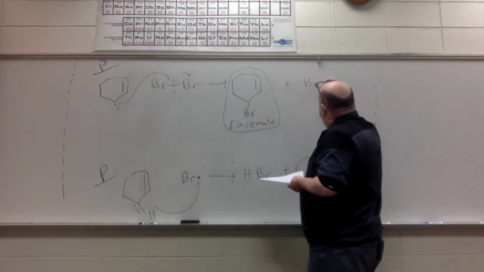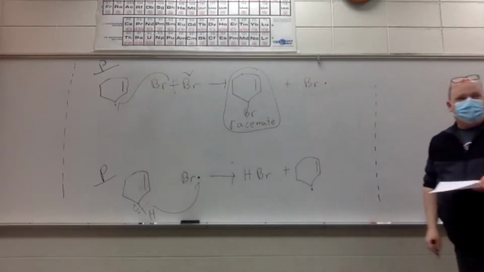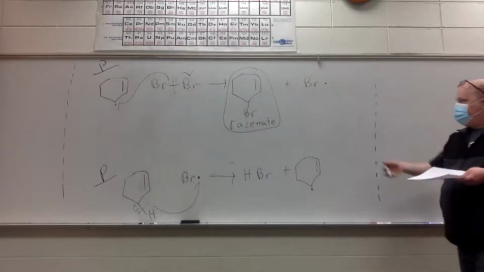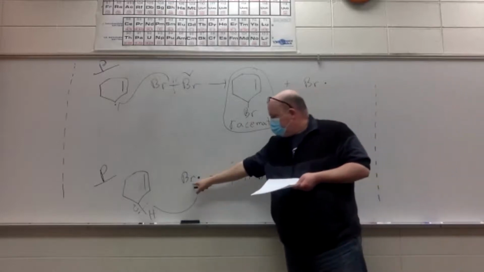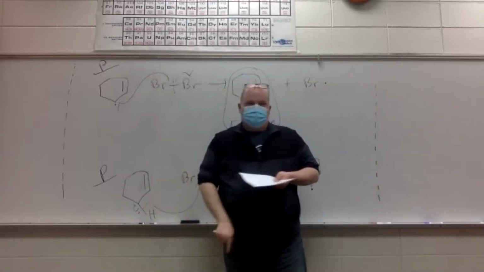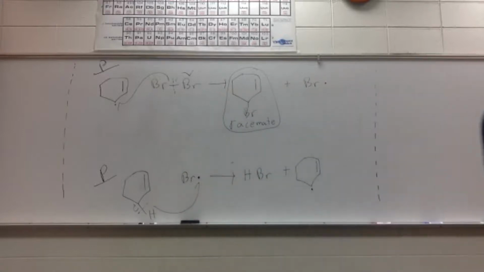And you also get more Br radical. This is a propagation, so that means that Br radical can still be active. You can restart propagation, and it goes onward and onward and onward. Okay? That make sense?